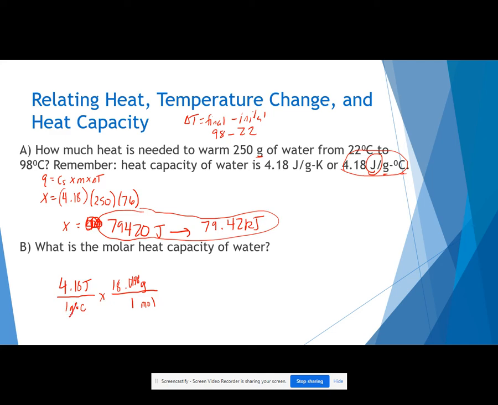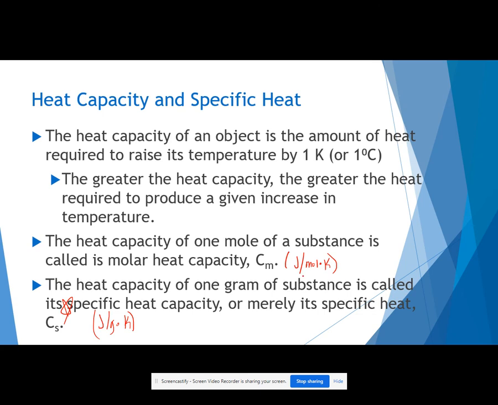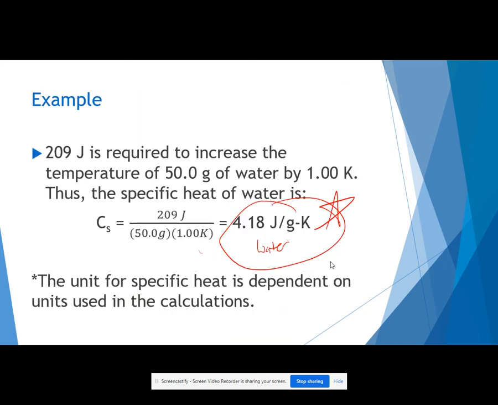And if you look at this, you cancel it grams to grams, and that leaves you joules divided by moles times degree Celsius. And notice that if we go back here, joules divided by moles times Kelvin, but remember temperature is interchangeable, so that could be Celsius as well.